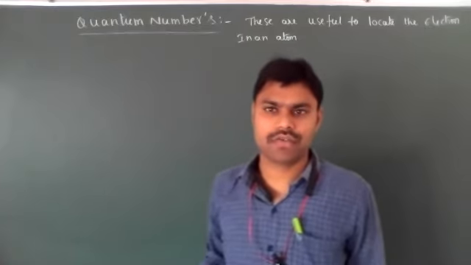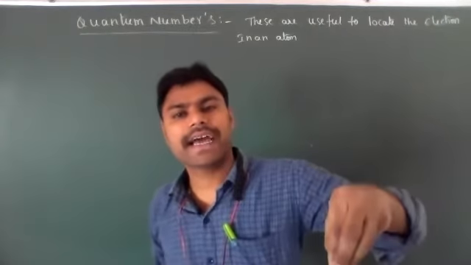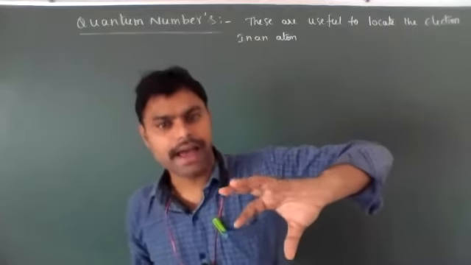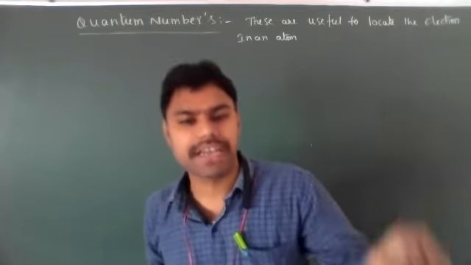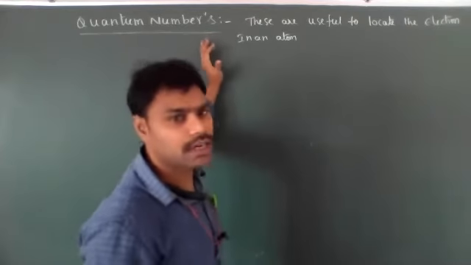The main importance of quantum numbers is for identification of electrons present in an atom, where the electrons are present and how the electrons behave. Everything we can explain by using quantum numbers.